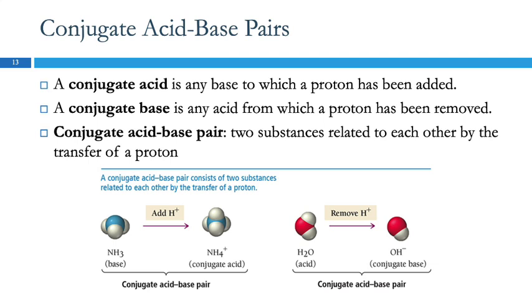So if it starts off as a base, it becomes an acid. If it starts off as an acid, it becomes a base, because the difference between them is who's got the hydrogen ion. Yeah. Any other questions? It's kind of a weird idea.